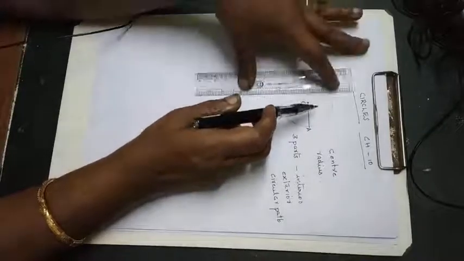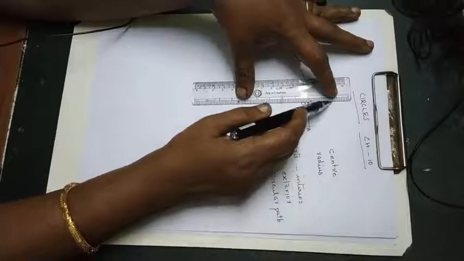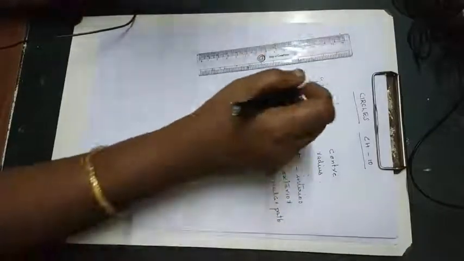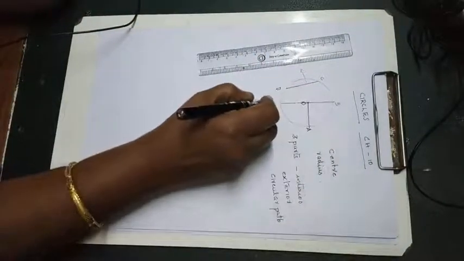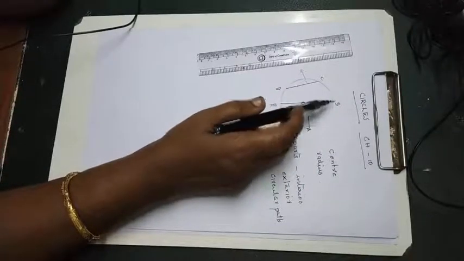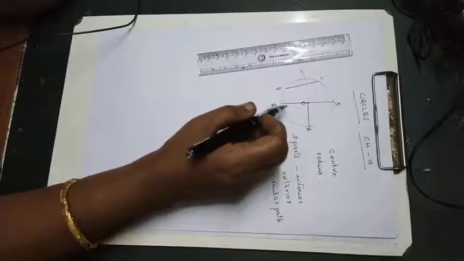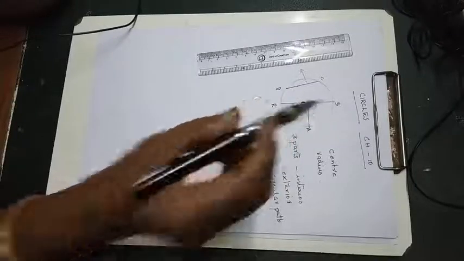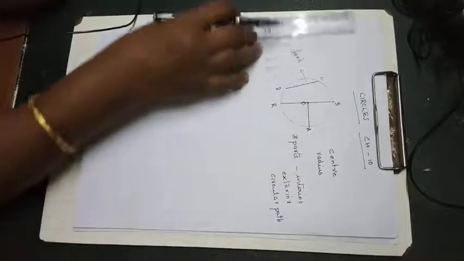Now, the diameter is the longest chord. When you draw the diameter, let us draw SR, passing through the center O. S and R are on the circle, so SR is a chord. At the same time, it is the diameter, and the diameter is double the radius.